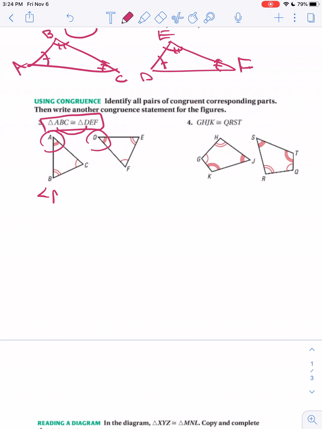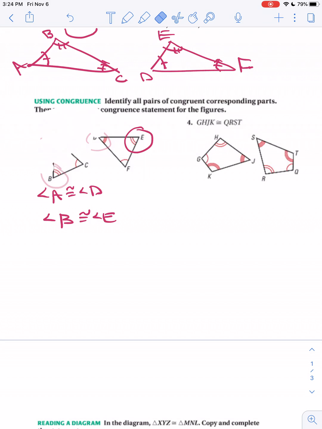So we're going to say angle A is congruent to angle D. Angle B is congruent to angle E. And then finally, angle C is congruent to angle F.